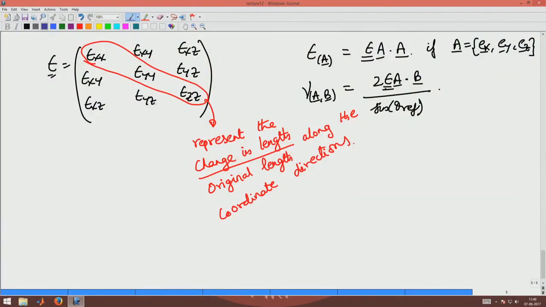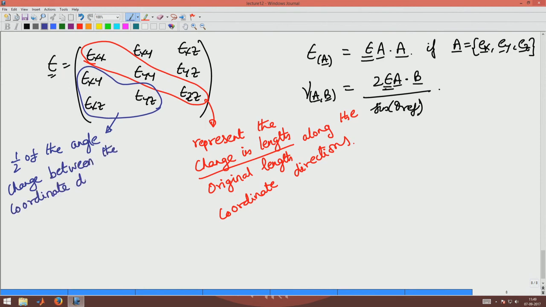Now, what do these off diagonal terms tell you? They tell us that it will be 1/2 of the angle change between the coordinate directions.